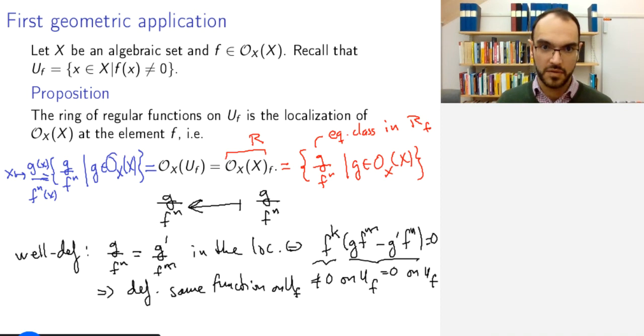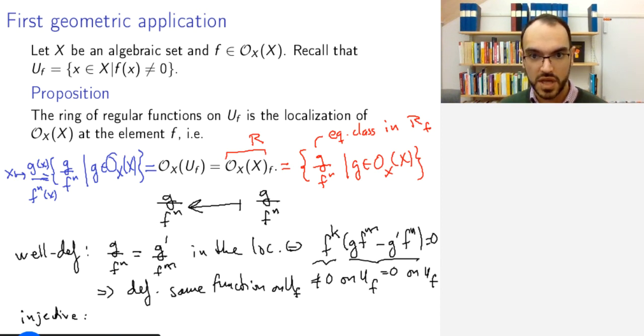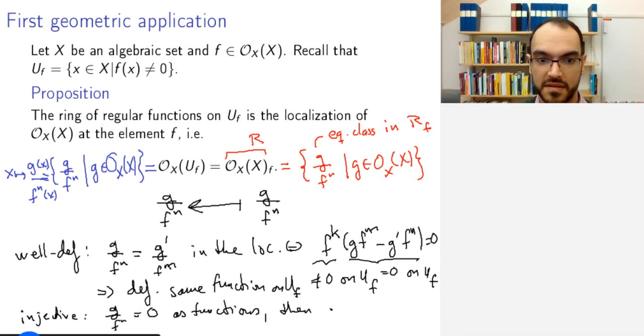And now that we know it's well defined, we need to show that it is surjective and injective. Surjectivity is clear because we have seen before that these are all the regular functions on this set. To show injectivity, we do somehow the same thing. So if g divided by f^n is mapped to 0, so if g divided by f^n is equal to 0 as functions, then what does this mean? This means that g is equal to 0 on U_f. So g f is equal to 0 everywhere.